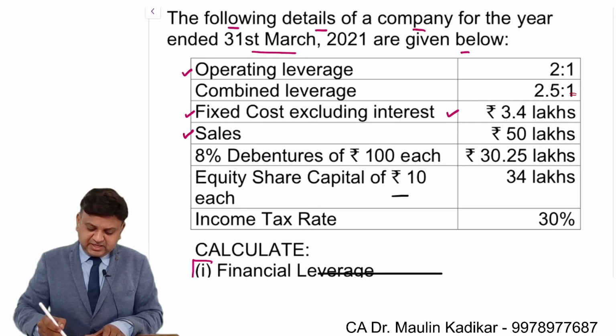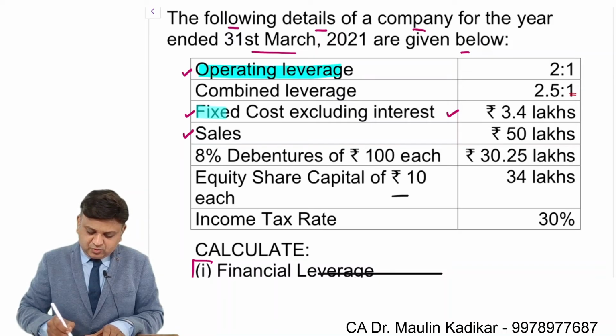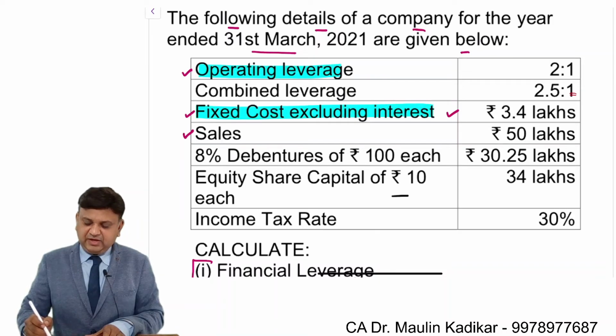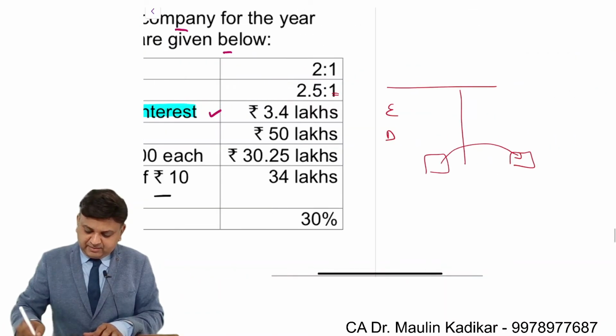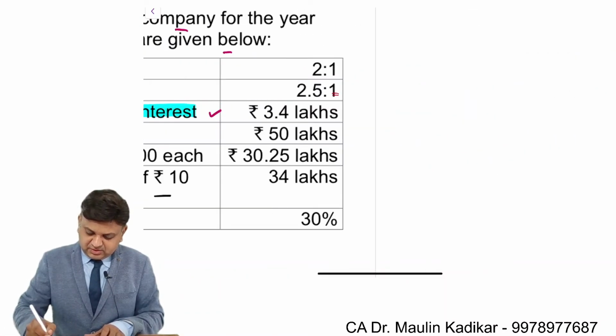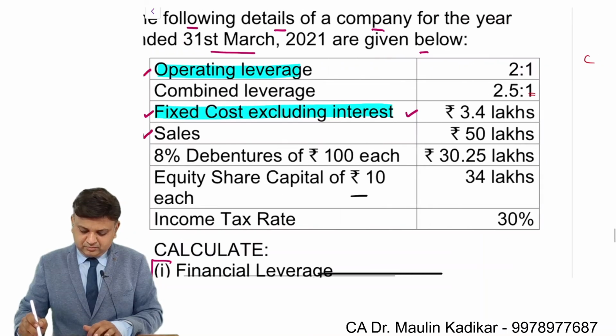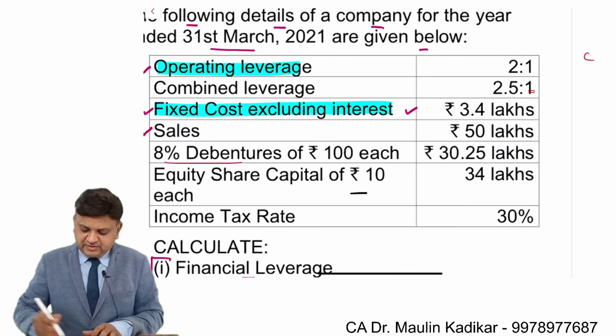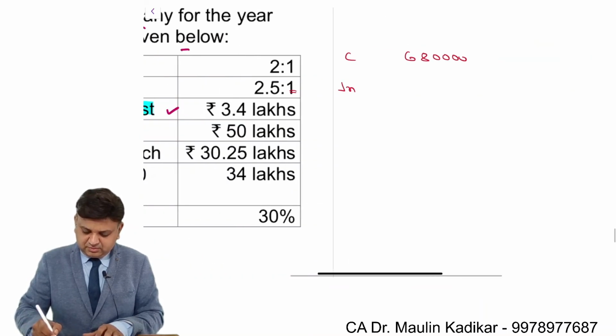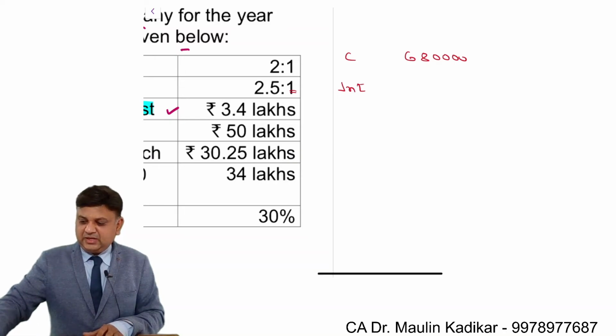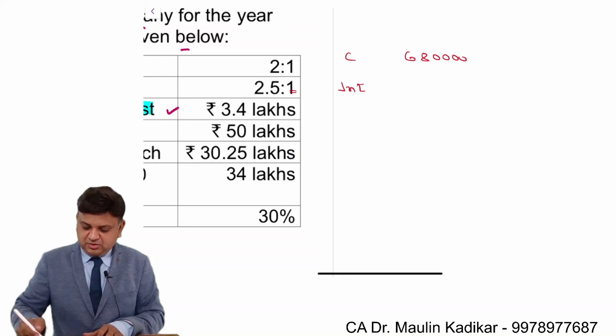So what happens, taking into account the operating leverage, taking into account the fixed cost, we have understood that we can compute the contribution. And the amount of the contribution is 6,80,000. Then we have been provided with the debenture interest. It is 30,25,000 into 8%, 2,42,000.